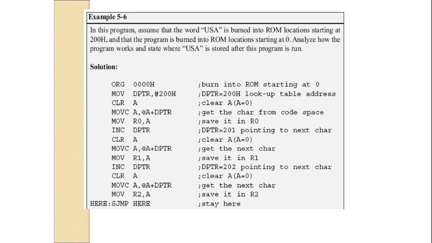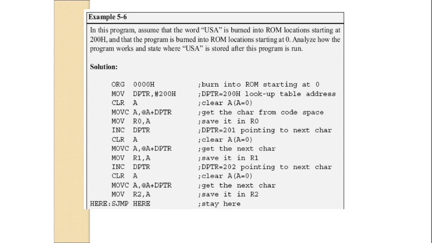In this question he has given the ASCII characters U, S and A. These three characters are burned in ROM locations starting at 200H. That means starting from 200H these three characters are present.